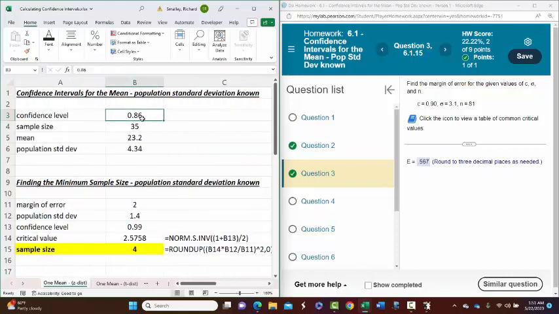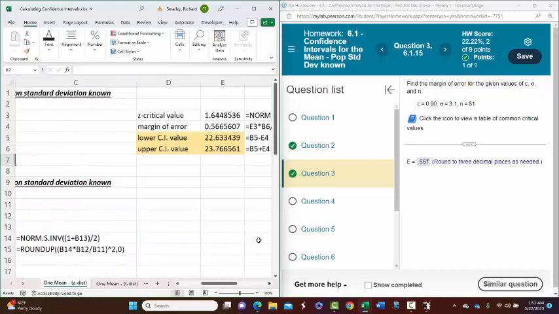Confidence level is 0.90. Sample size 81. Now, I'm not doing anything with a mean. I'll explain that here in just a second. See, there it is, 0.566.